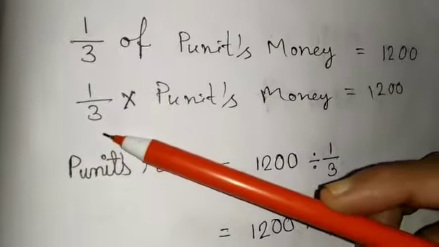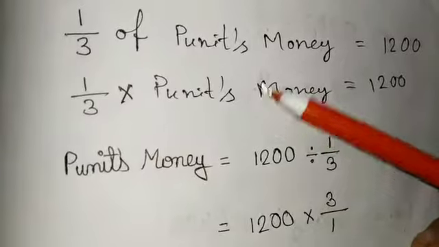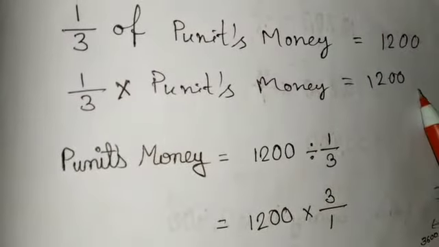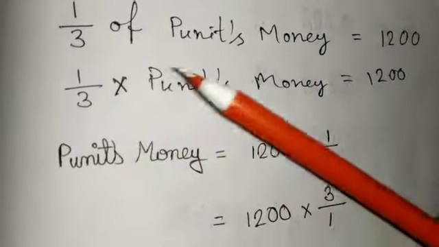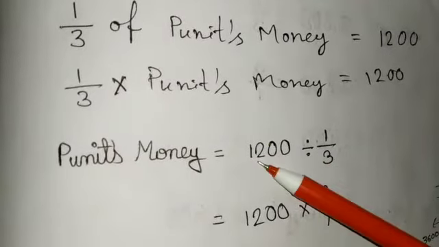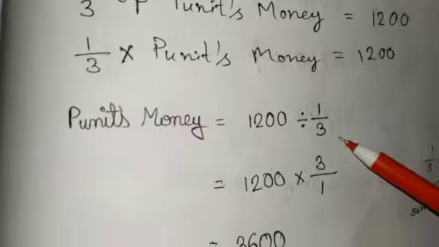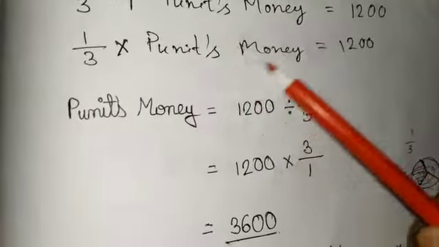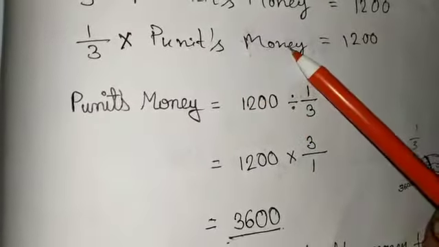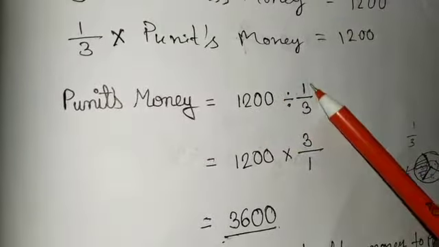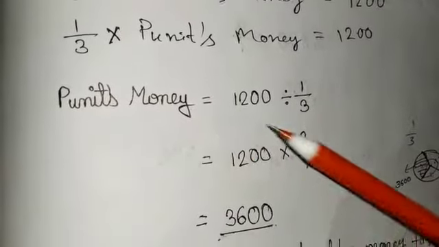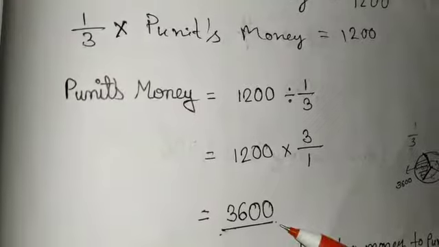So 1/3 multiplied by Punit's money, so 1/3 will transfer to this side. So multiplication will be division. So 1200 divided by 1/3. And on this side it will leave only Punit's money. If we solve this, we will get Punit's money, that is 3600.